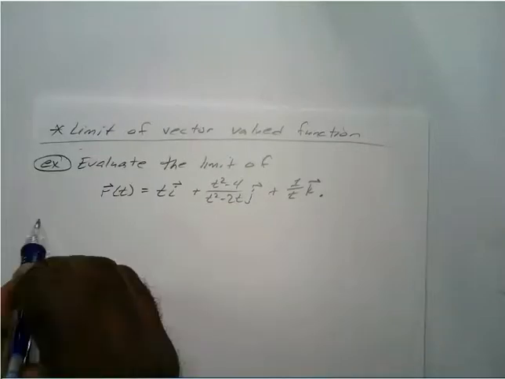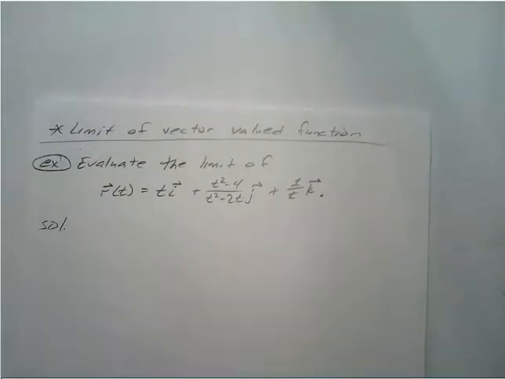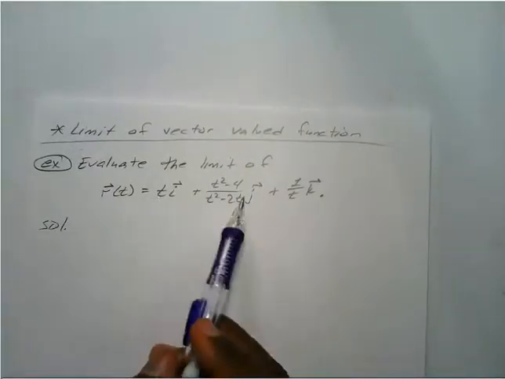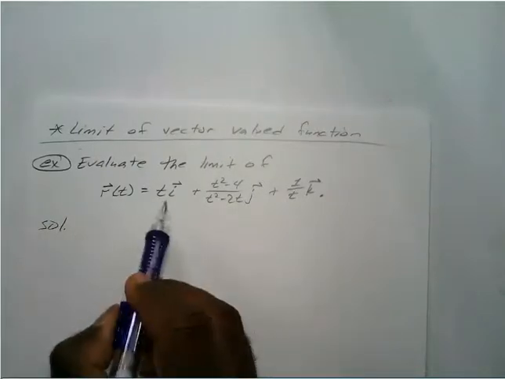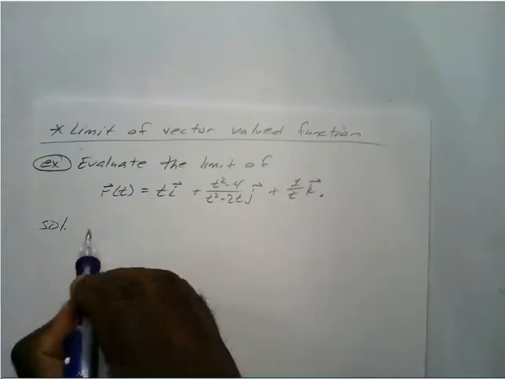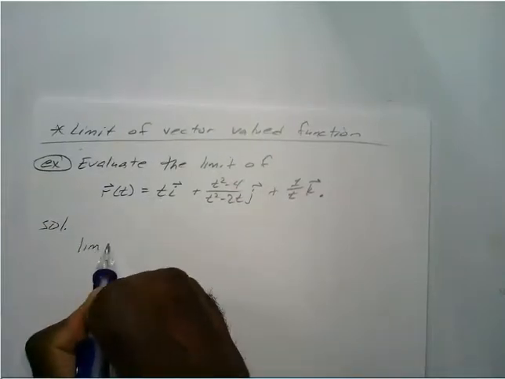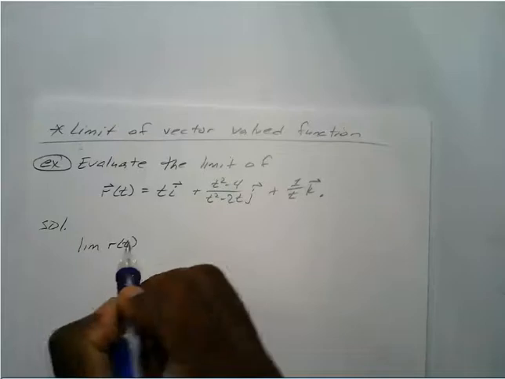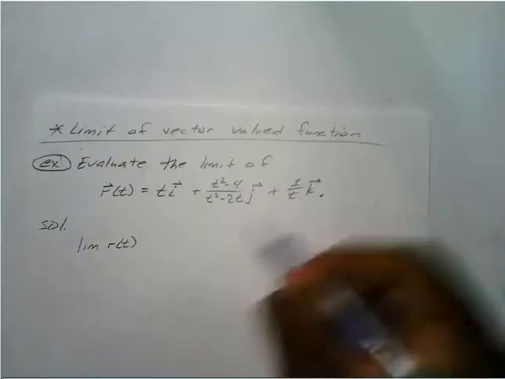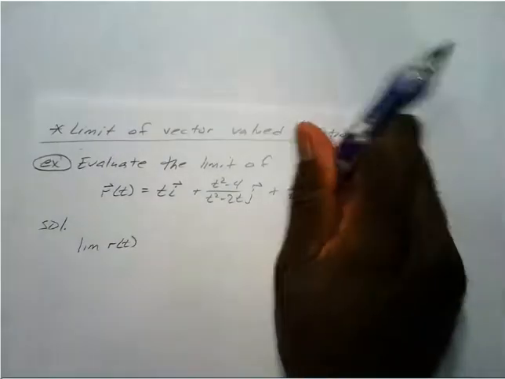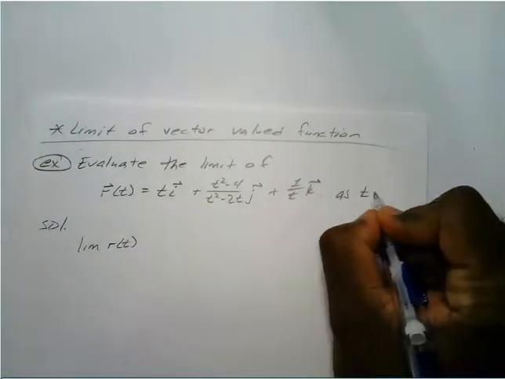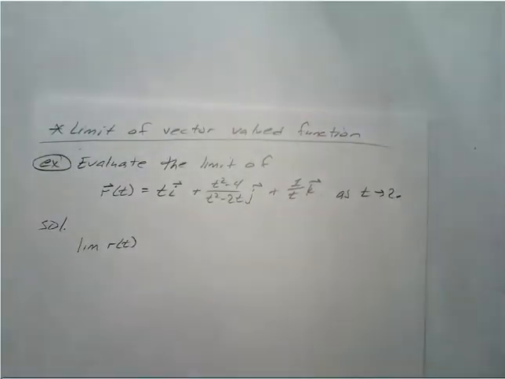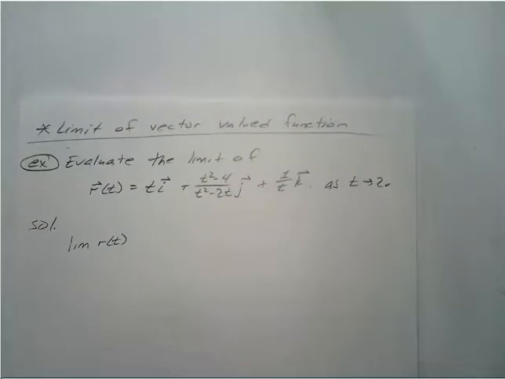Now, just like Calc 1, it hasn't changed one bit. We just evaluate the limit at each term. So you have the limit of t times the I vector. Oh, forgot to put the last part as t approaches 2. There we go. It makes a whole lot more sense.